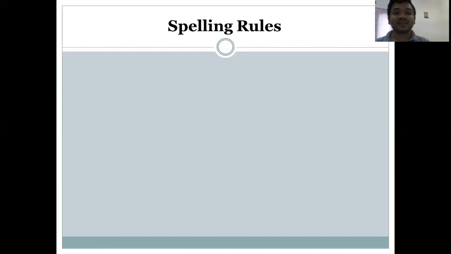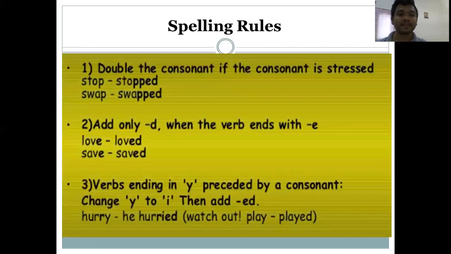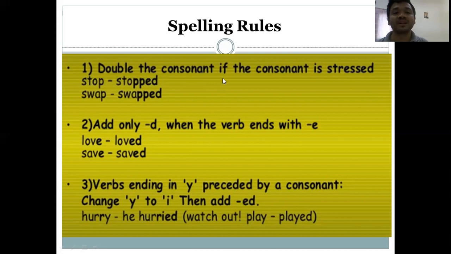Let's talk about now the spelling rules in order for us to formulate simple past form. Now, first, if the verb is in CVC, you have to double the consonant if the consonant is stressed. Say for example here is stop.